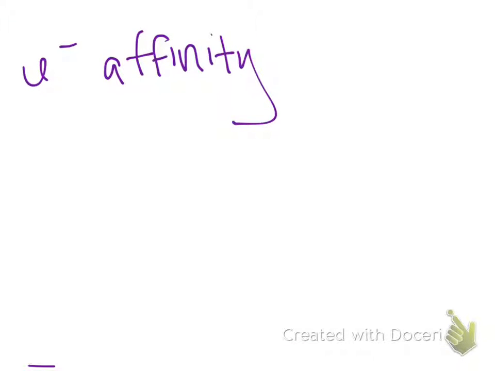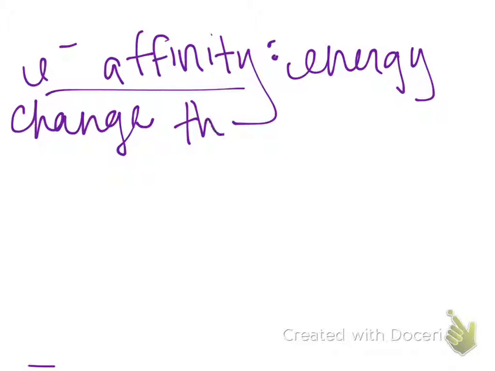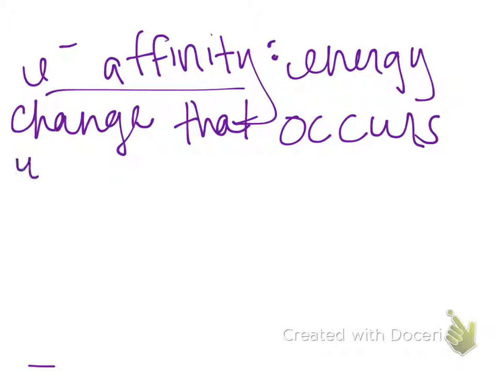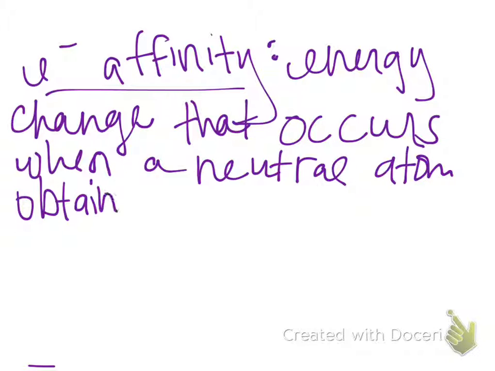These are probably things that you haven't heard of really before until we get to the last one. Electron affinity is an energy change that occurs when a neutral atom obtains an electron.